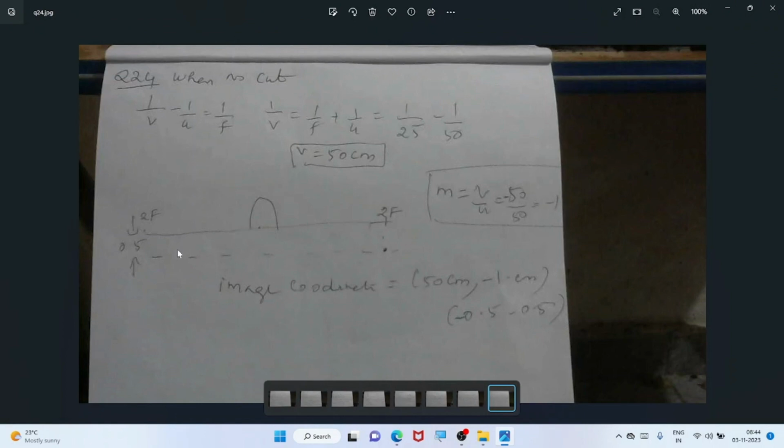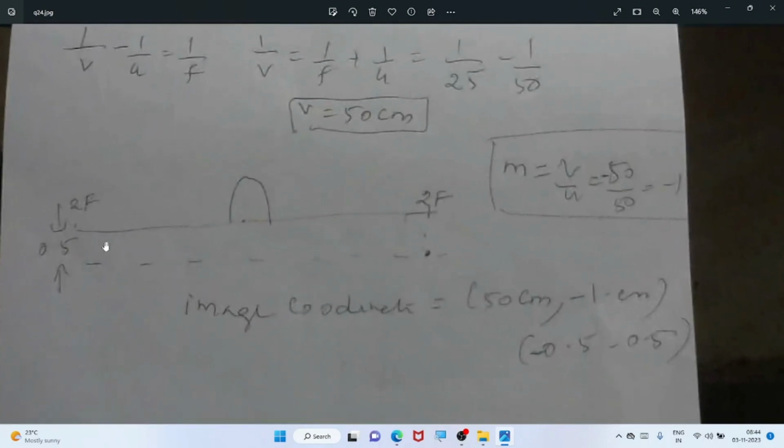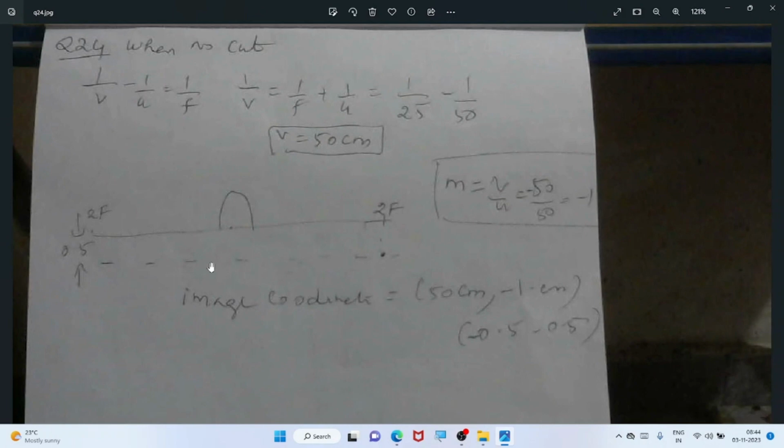The object is at 2f. So you use the lens formula, then you will get the image distance 50 centimeter. That means the image is on this side. From here they have placed it 0.5 above the principal axis.